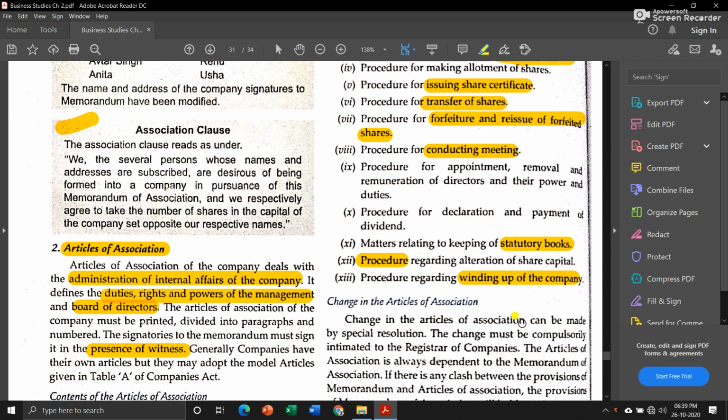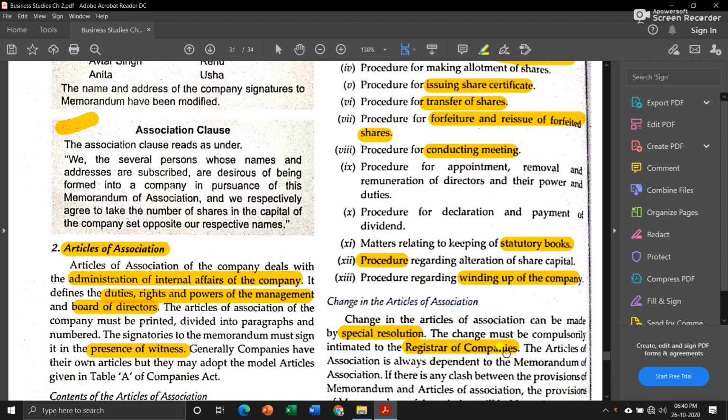Now, a change in articles of association can be made by special resolution. If a company wants to change any information or contents in their articles of association, they have to take a special resolution. The change must compulsorily be intimated to the registrar of companies after they have taken the special resolution.